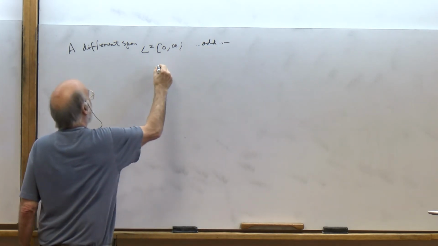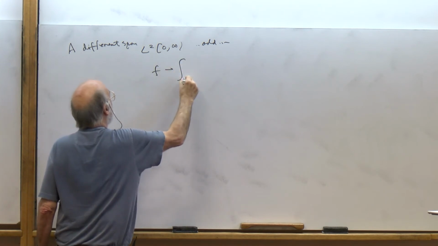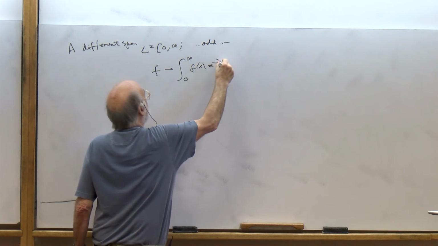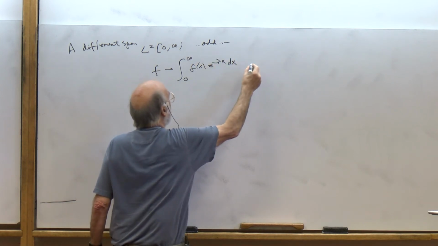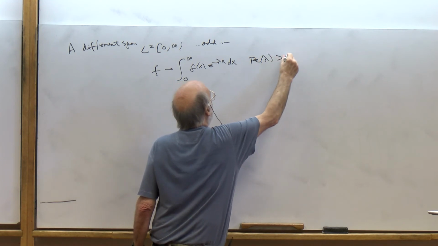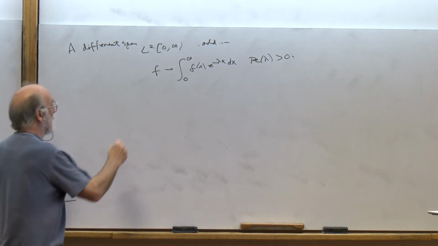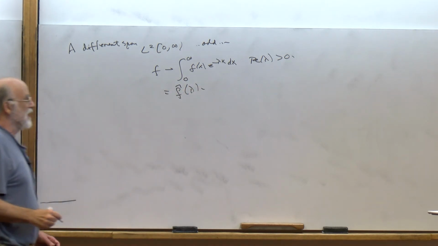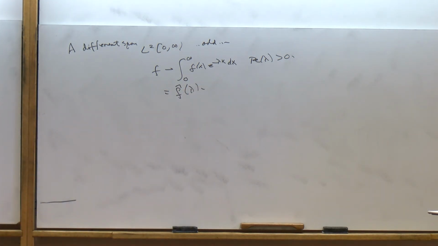We apply f goes to the usual Fourier transform, and in this case we take lambda greater than 0. So this is equal to f hat of lambda in the usual sense. This is not a smooth function, but it's well defined.